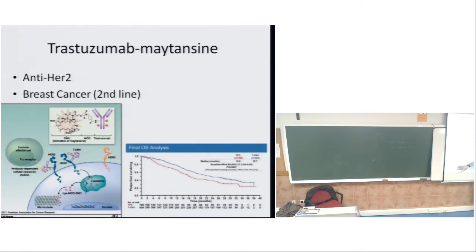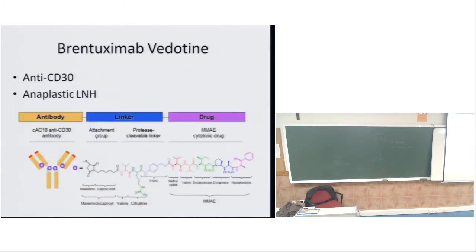So it's crucial for the tumor cells to have competent microtubules. But this drug will attack proliferative cells, and more specifically, because it will only bind those cells expressing HER2. So we have like a double check. And the survival is slightly superior to just trastuzumab without the toxin.